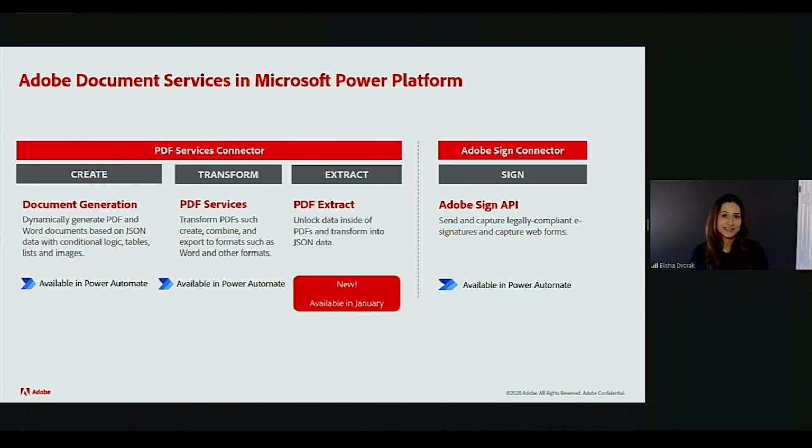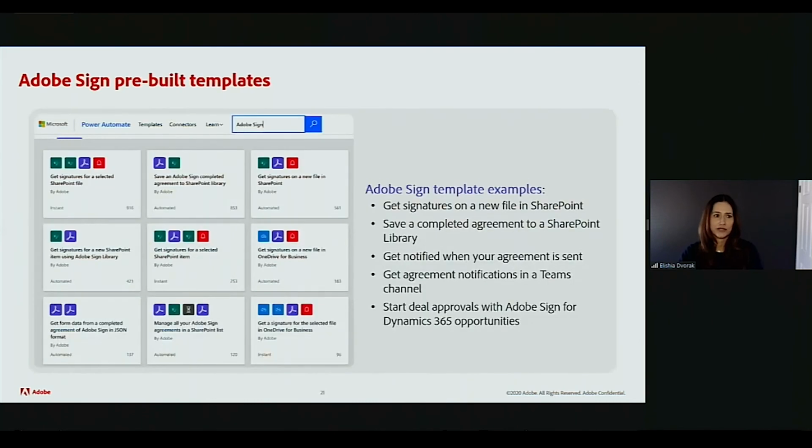PDF Extract is also coming extremely soon, so by next month, Extract capabilities will also be available in Power Platform. And of course, Adobe Sign is also there too, so you have the full capabilities of integrating Sign into any of these workflows through the Microsoft capabilities. Now, one of the cool things that we have, if you're not familiar with Microsoft Power Automate, is these templates.